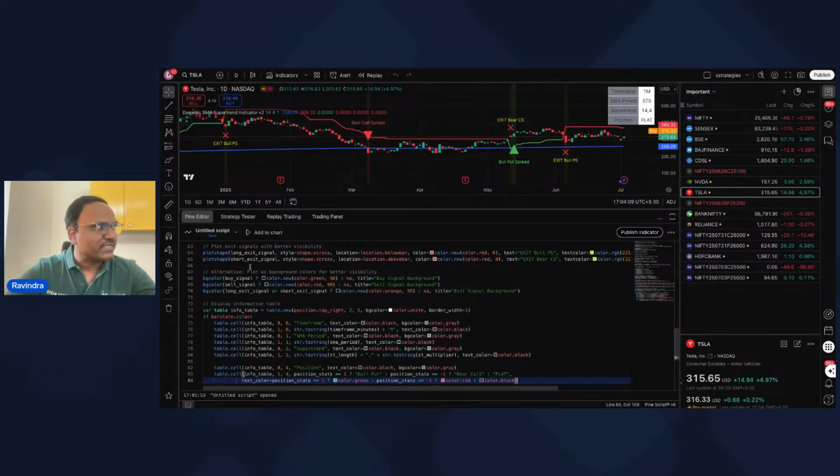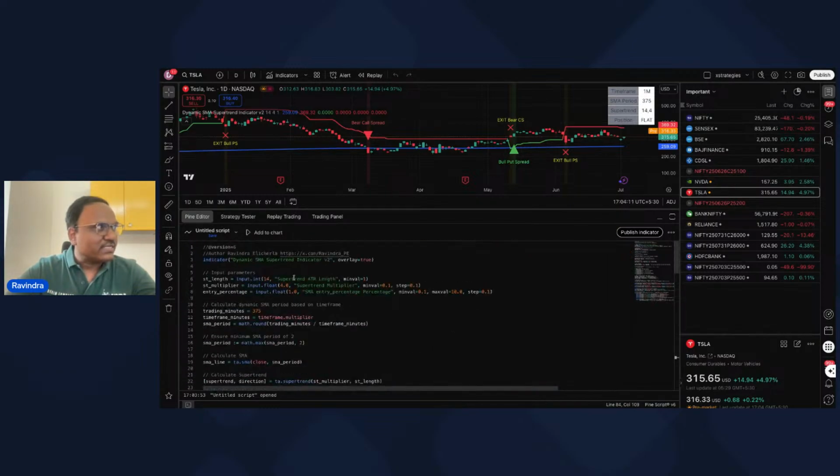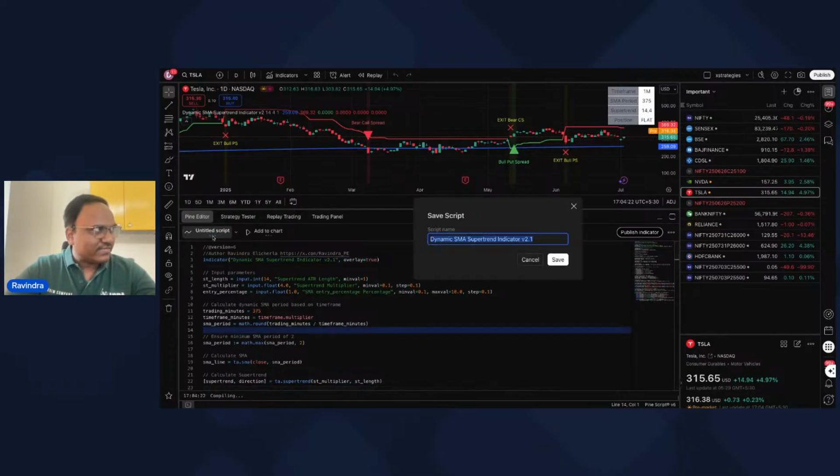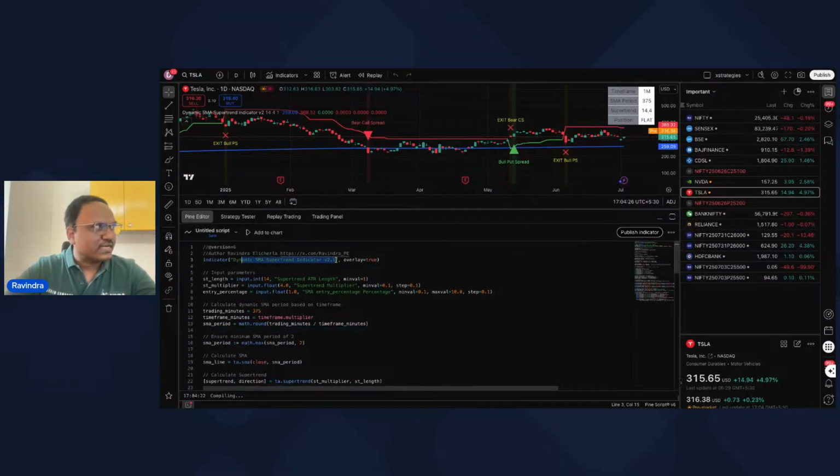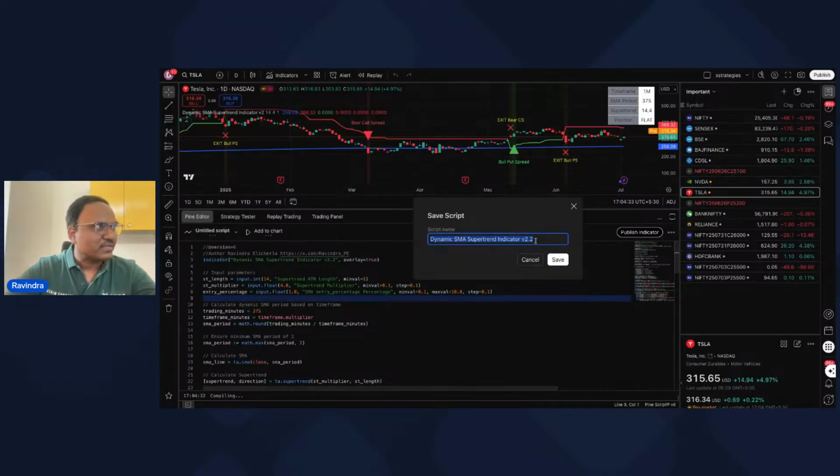Right now I'm pasting here without making any changes. Pine script is very easy because I already have the indicator. Let me call this 2.1 for now so that there is no confusion. Now if I save this, it says 2.1. In fact, it's going to pick up what was written here. Suppose I say 2.3 here, it's going to say 2.2 here, sorry.